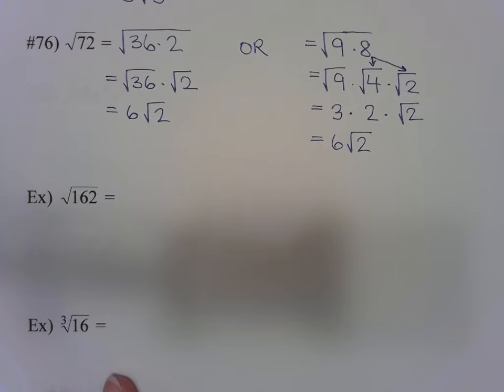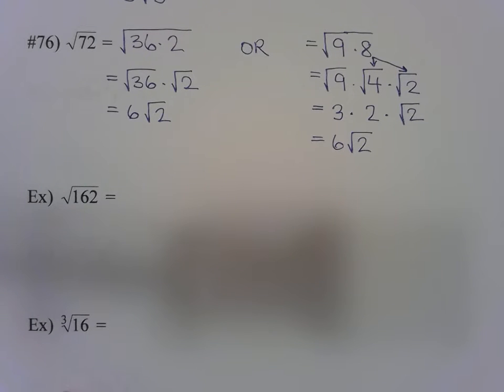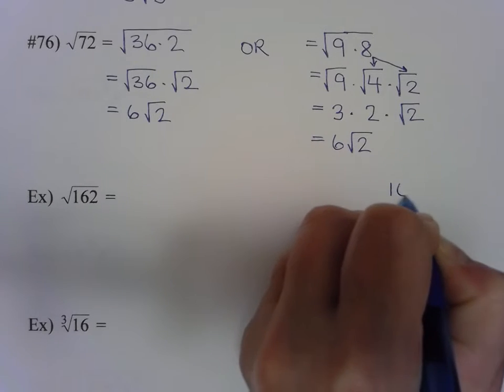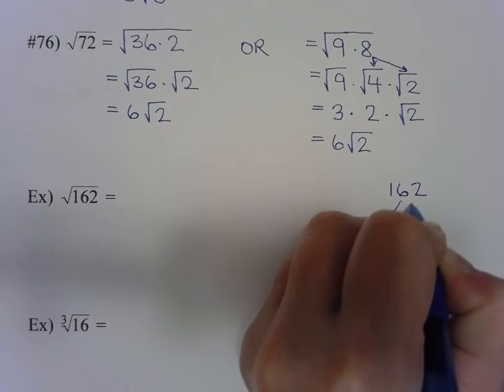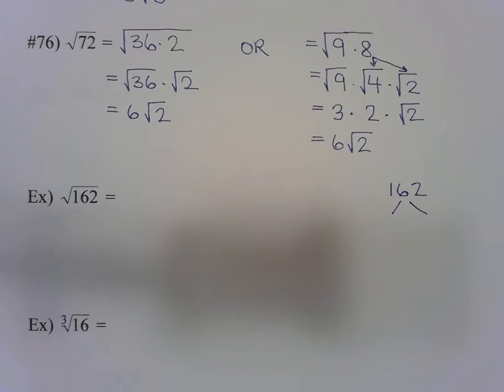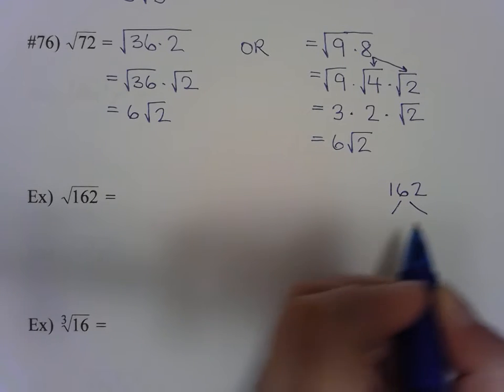Okay, what about the square root of 162? Maybe you don't know a lot about the square root of 162. Okay. Sometimes a factor tree works well. I'm trying to give you a lot of different options, tools that you can use, whichever you like the best.